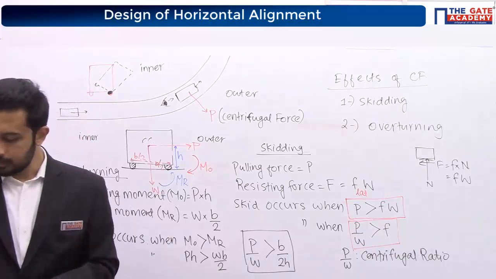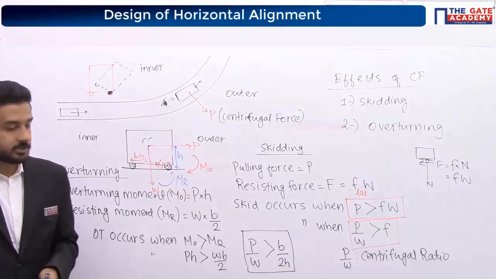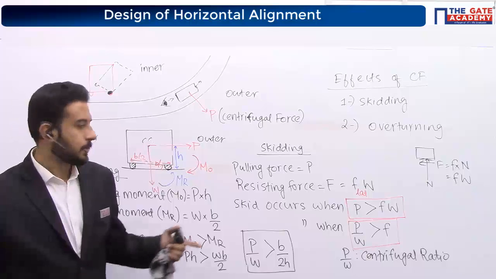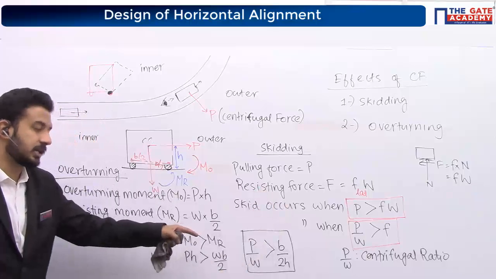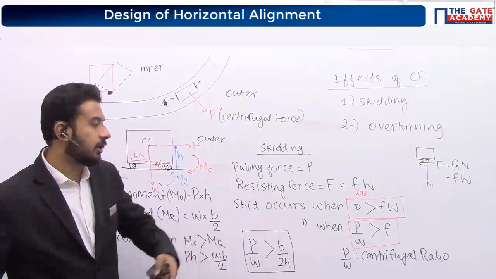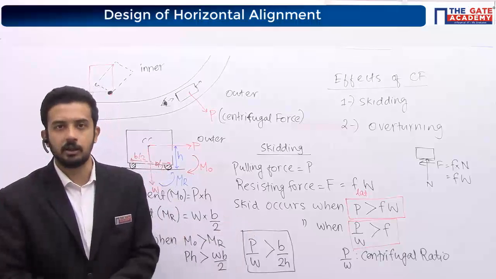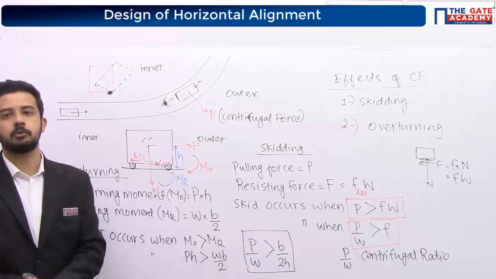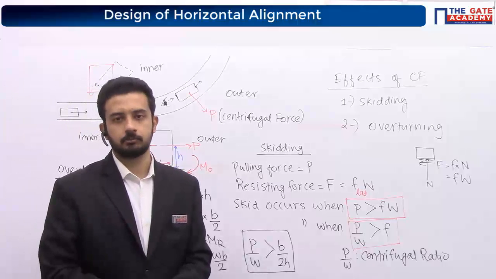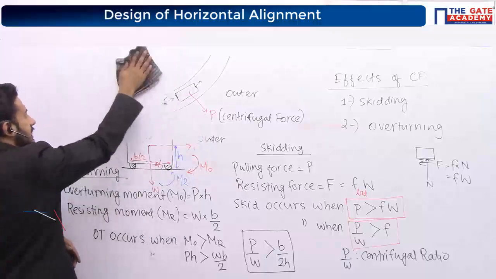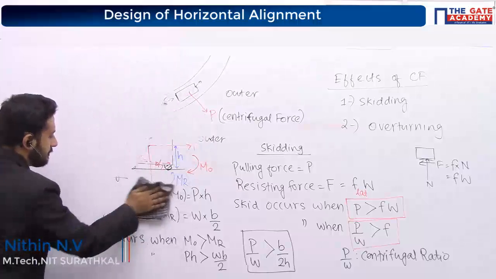Understanding? Now, practically it is not possible to resist the overturning effect or skidding effect. As we discussed, we cannot increase the B value. We cannot increase the F value like anything because there is a standard maximum value. This is why we are going to give super elevation. Okay. So that will be our next concept. This you remember. They may ask for some true or false statements.